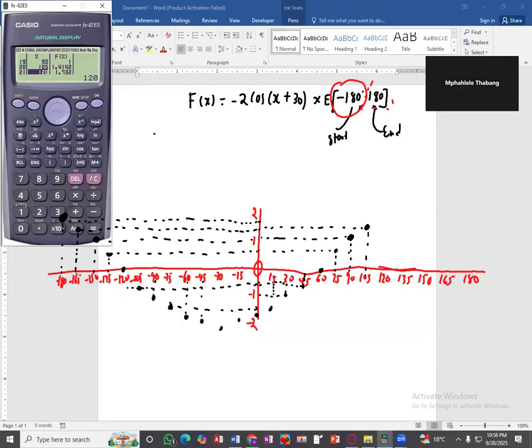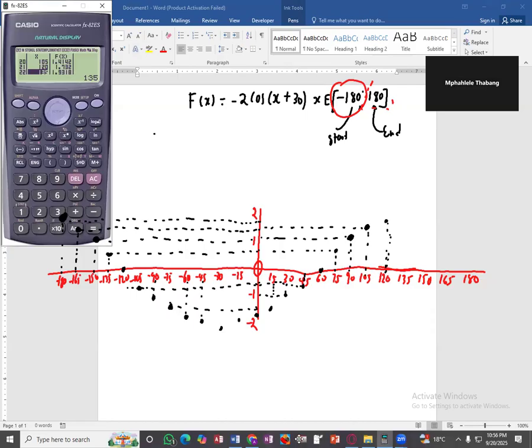120 and 1.7. Yes, it's time consuming, this method. It's really time consuming, but one thing for sure, you can never go wrong. It will give you a perfect way of sketching the graph.